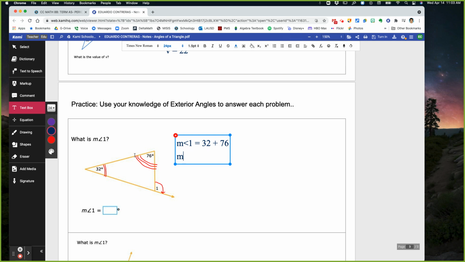So that means the measurement of angle 1 has to equal, what is that going to be? 108. Check my math on that. Am I correct? Is it 108? Is that correct, guys? 32 plus 76. Is it 108 degrees?